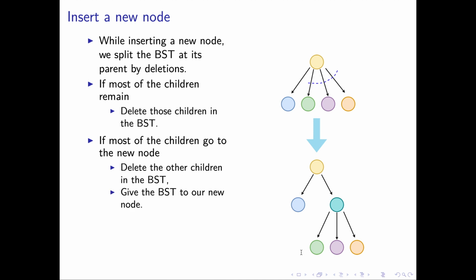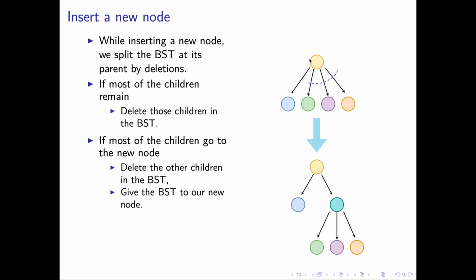Since finally the consensus tree contains at most n nodes, there can be at most n insertions into the consensus tree. Each time we split the set, we only enumerate the smaller part of the set. Therefore, we produce at most n log n insertions and deletions to our BSTs.